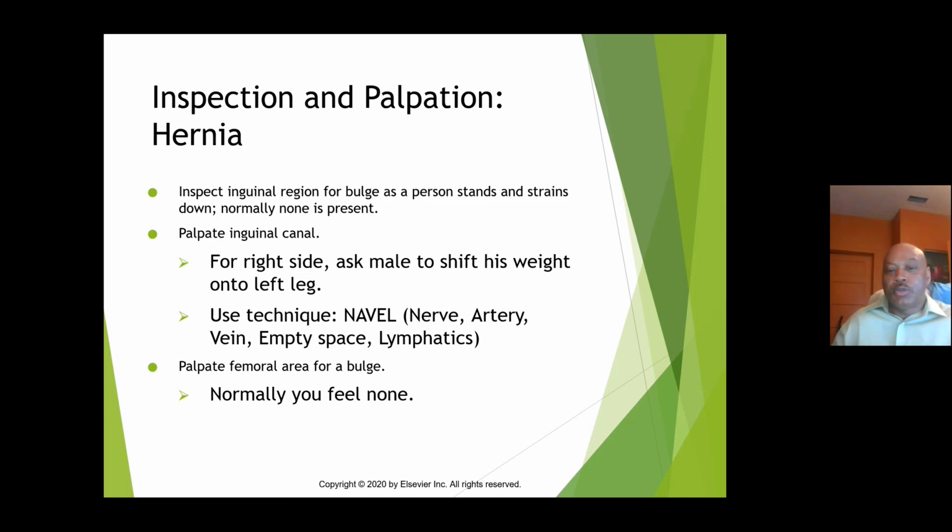Change sides using the left hand for the man's left side, and so we just switch to the other leg. As far as lymph nodes are concerned, we palpate the horizontal chain along the groin inferior to the inguinal ligament and the vertical chain along the upper inner thigh.